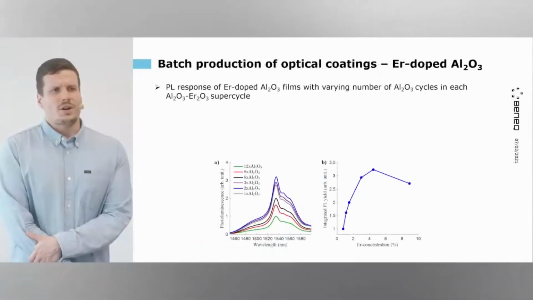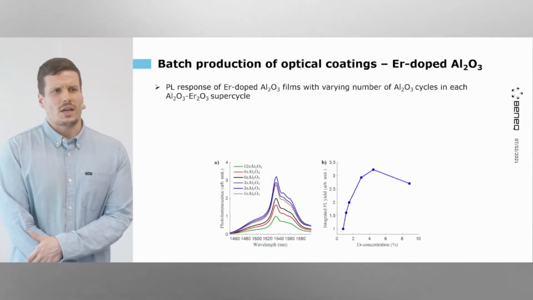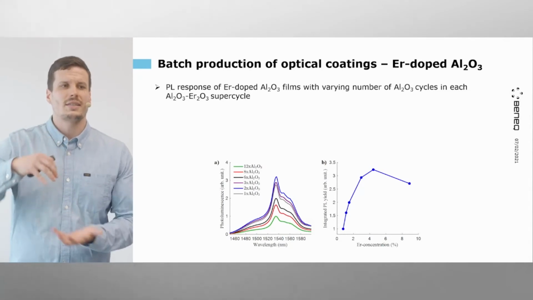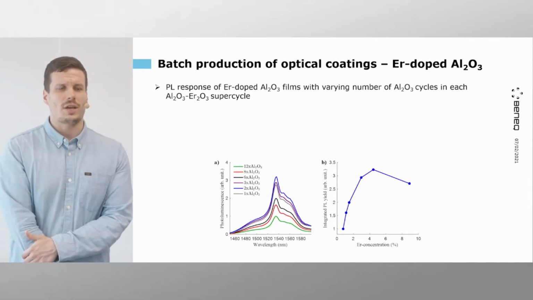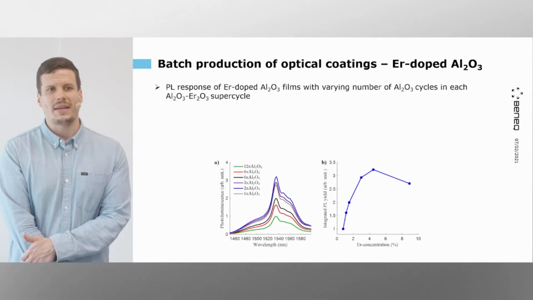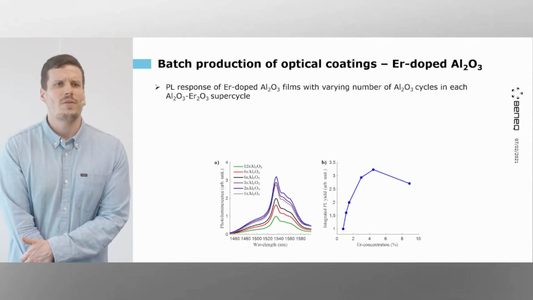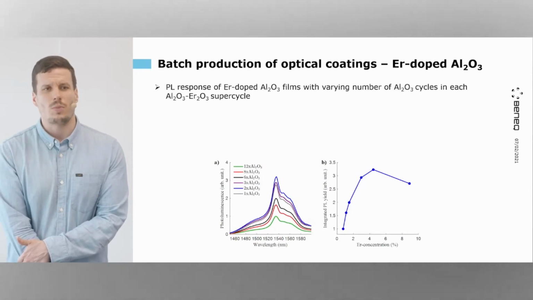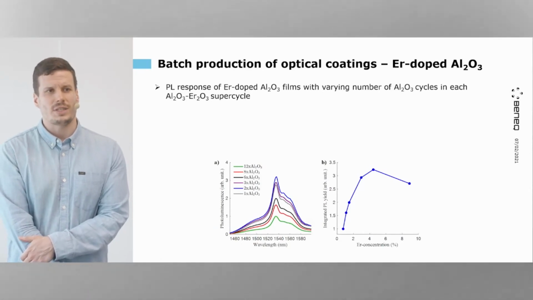So now we start to decrease the number of aluminum oxide cycles. So we basically squeeze the erbium ions closer together. We can see that the photoluminescence yield rapidly increases. However, there is a threshold for how much we can increase the photoluminescence yield, and you can see it here in the B figure.